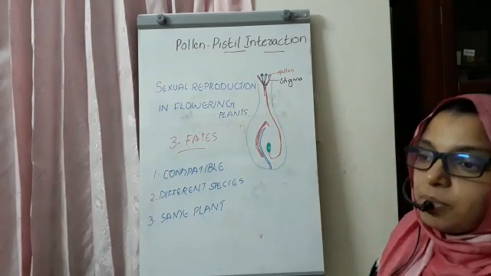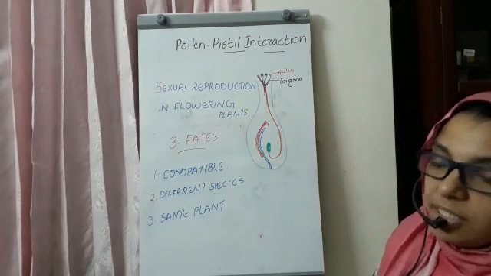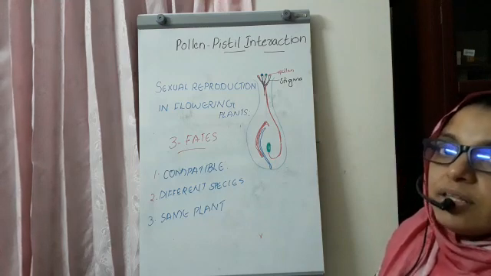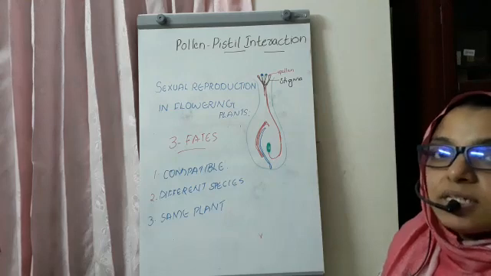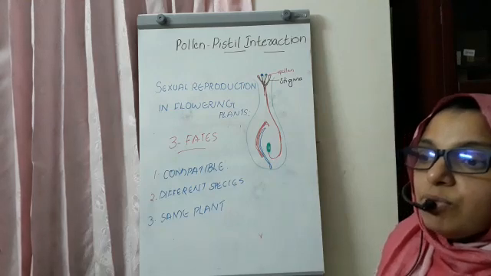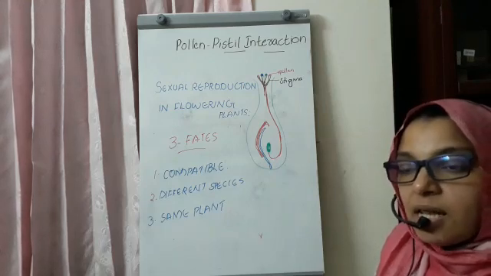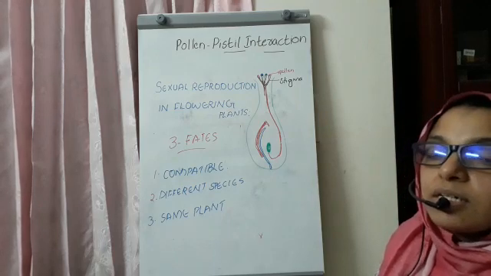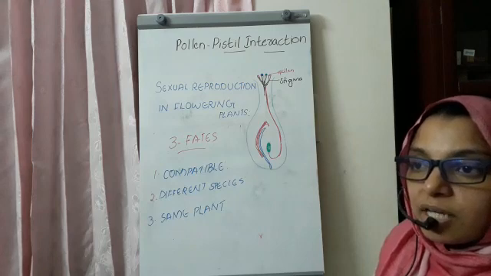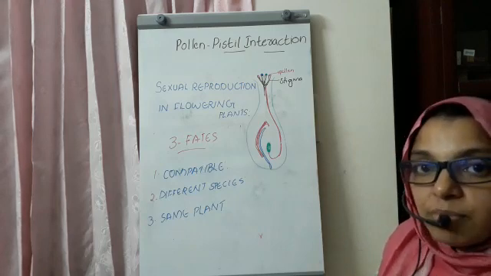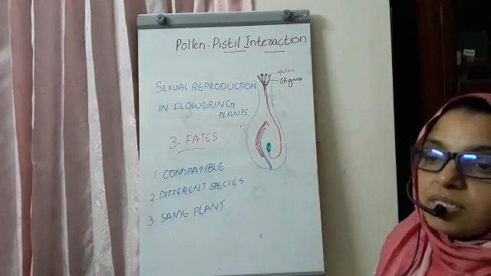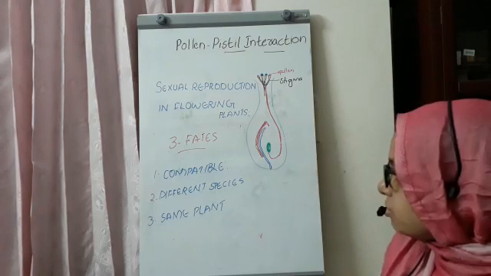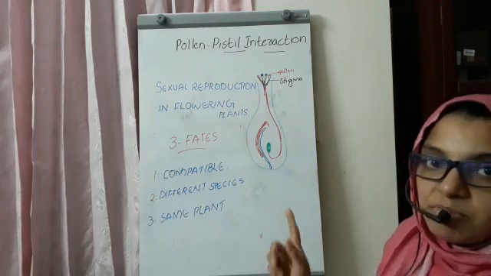So these are all about pistil pollen interaction, the interaction between the pollen and the pistil, which can be mediated by certain chemical components present in both, and three important fates are responsible for a pollen when it comes onto the pistil or stigma of a flower. One, it can be compatible, meaning of the same species.